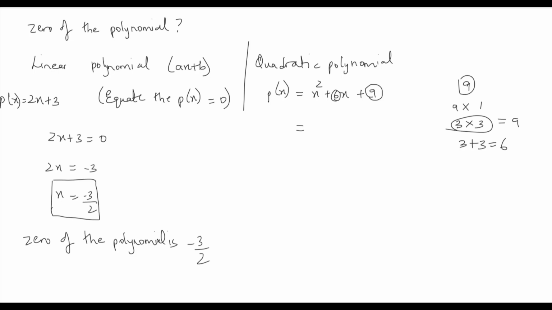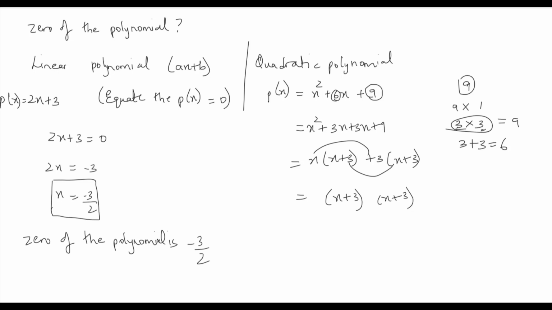So the factors are 3 and 3. We write x square plus 3x plus 3x plus 9. x is common in the first two, and 3 is common in the other two, so we get x plus 3 times x plus 3. Therefore, x plus 3 equated to 0, x equals minus 3.